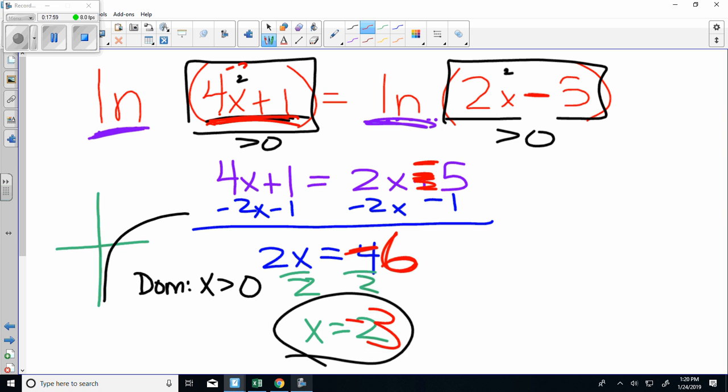If you substitute a negative 3 in here, 4 times negative 3 is negative 12, plus 1 is negative 11. And if you try to do ln of negative 11, your calculator is going to give you some imaginary solution, or it's going to say not found. So this is not possible to do with real solutions, and you would say that doesn't work.